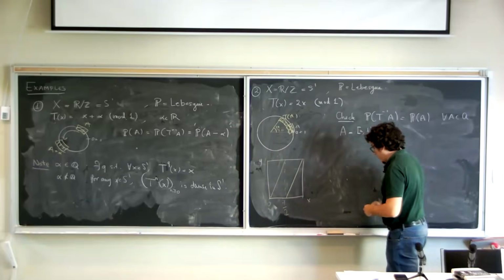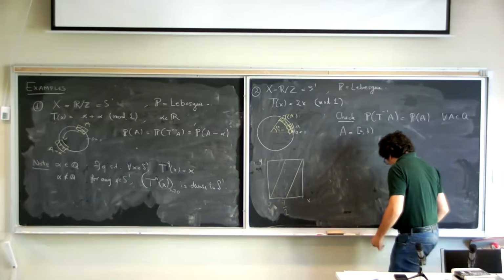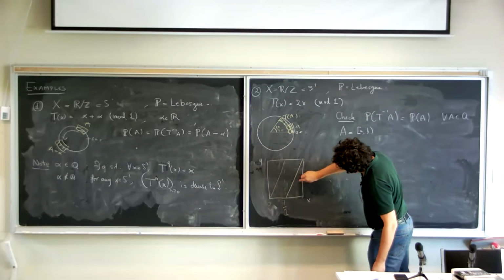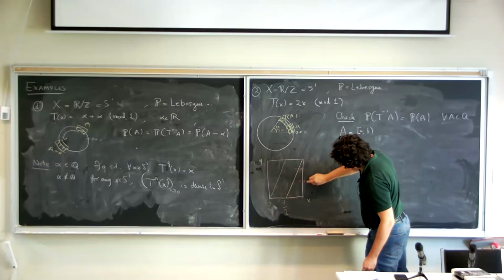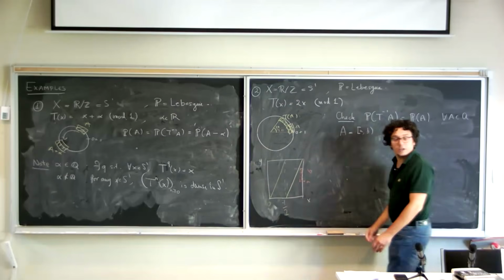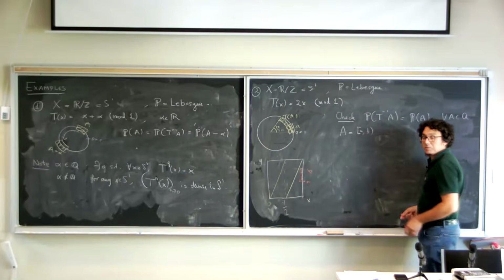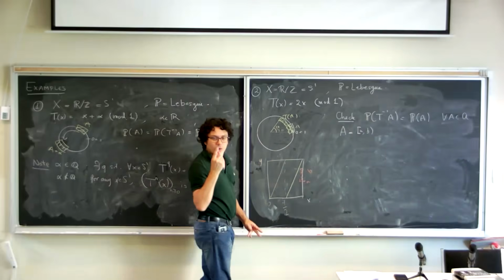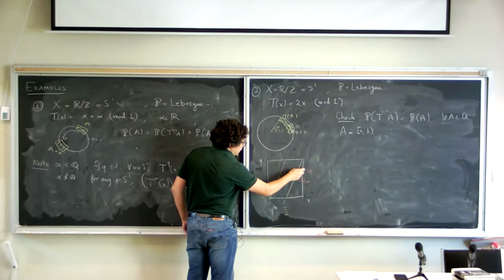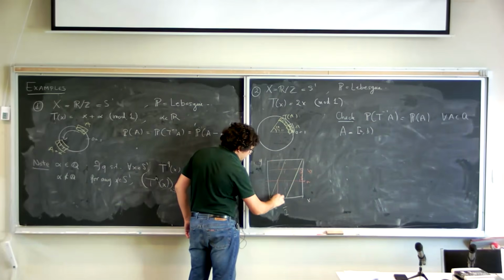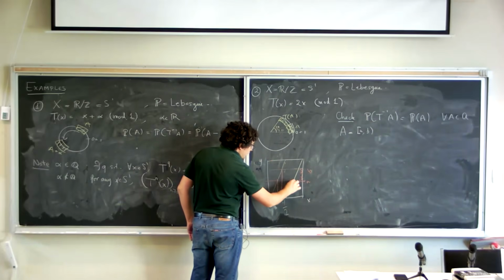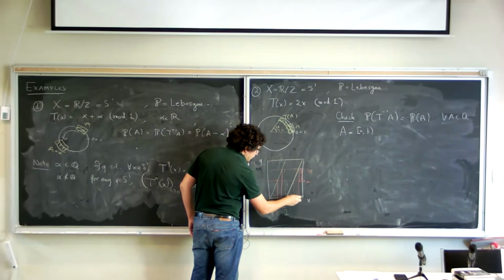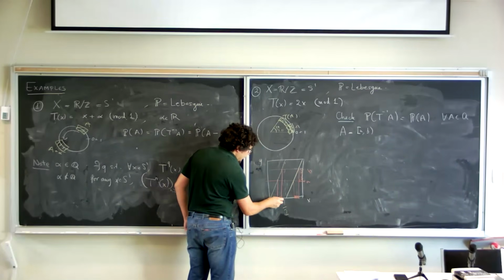And so now if we take a subset AB, and look at the preimage, each preimage has half the length, but there are 2 of them. So it kind of works. If you take the preimage, you have this one and this one.